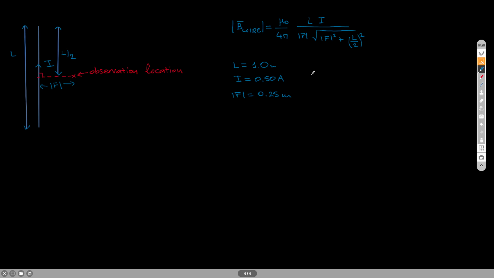Now, this expression will give us B of the wire: mu naught over 4 pi, which is equal to 10 to the minus 7, the length is 1, the current is 1/2, and I'm dividing this by 0.25.